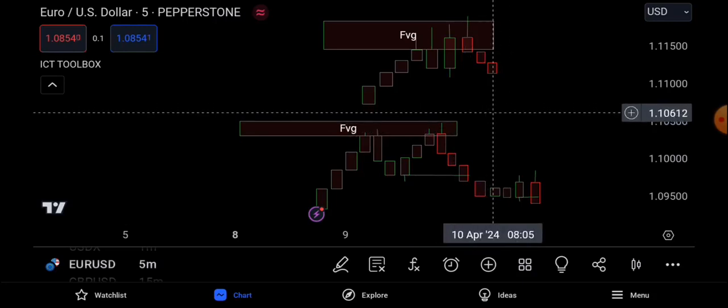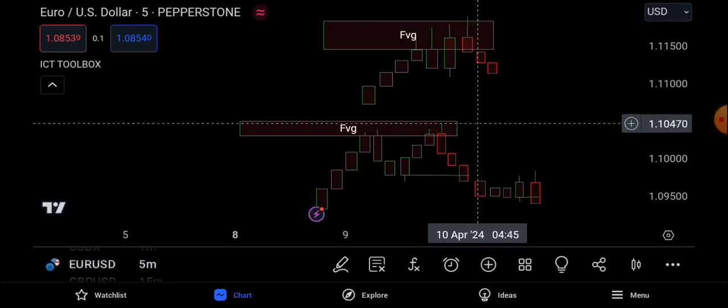So how would you validate or invalidate an order block? Just like we said on the fair value gap, if you have a candlestick close above the 50% of the series of candles or the single candle, then that order block is invalid. We want to see candles close below that 50% of the order block for us to validate it. How do we confirm that this is indeed an order block?